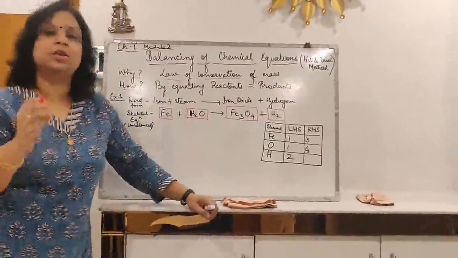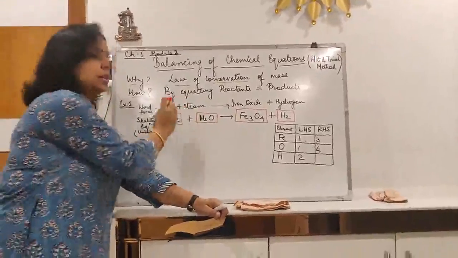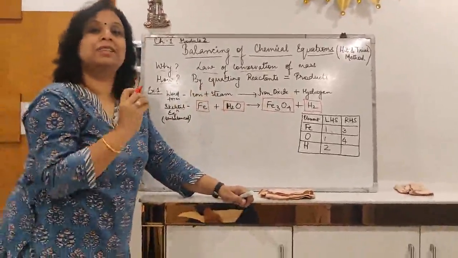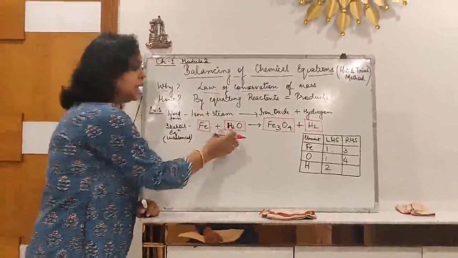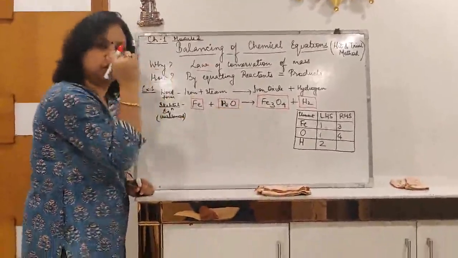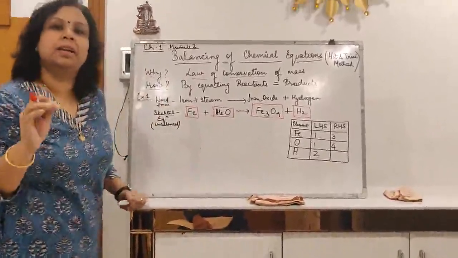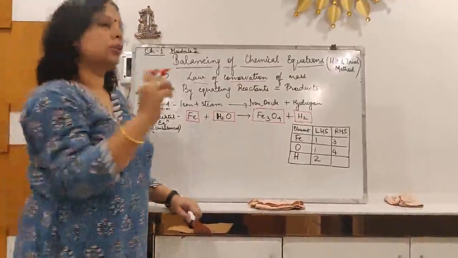The boxes denote that we cannot tamper, we cannot make any change with the chemical composition which is inside. Which means I cannot make H2O as H2O2 in order to balance my chemical equation. Alright?